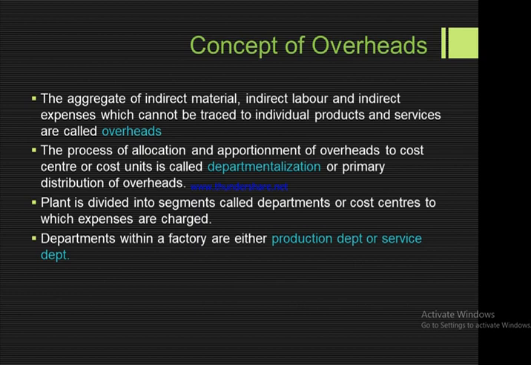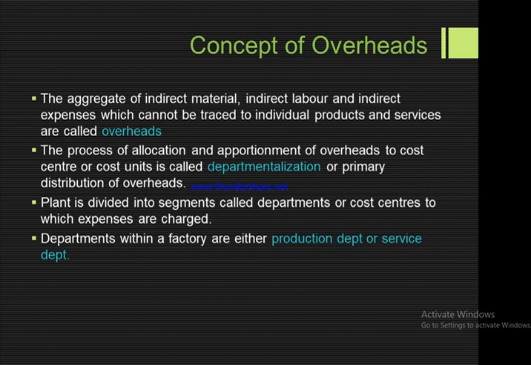We also discussed the concept of overheads, and why we need to study overheads at this point of time: in job costing it is easy to understand the relative share of direct material and direct labor, but when it comes to how much overhead share needs to be recovered or assigned, it's a bit difficult.